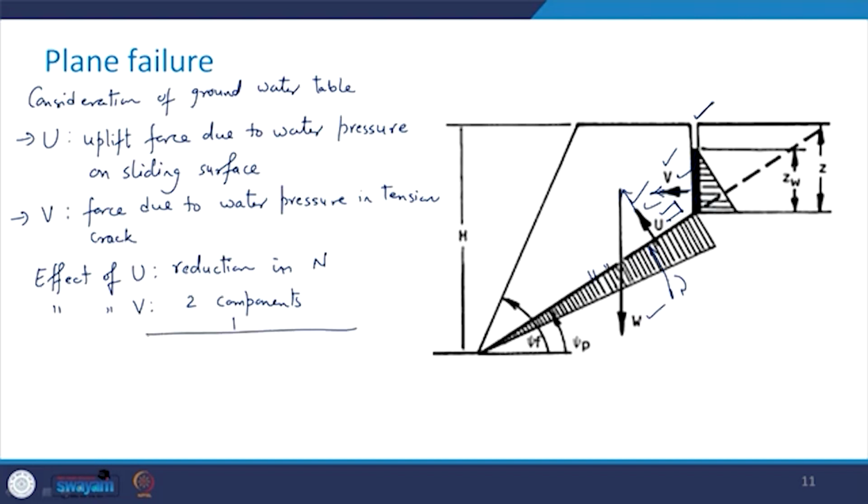One component is going to be in the direction of sliding, and another one will be normal to sliding. Now, we need to keep in mind that all these forces are concurrent.